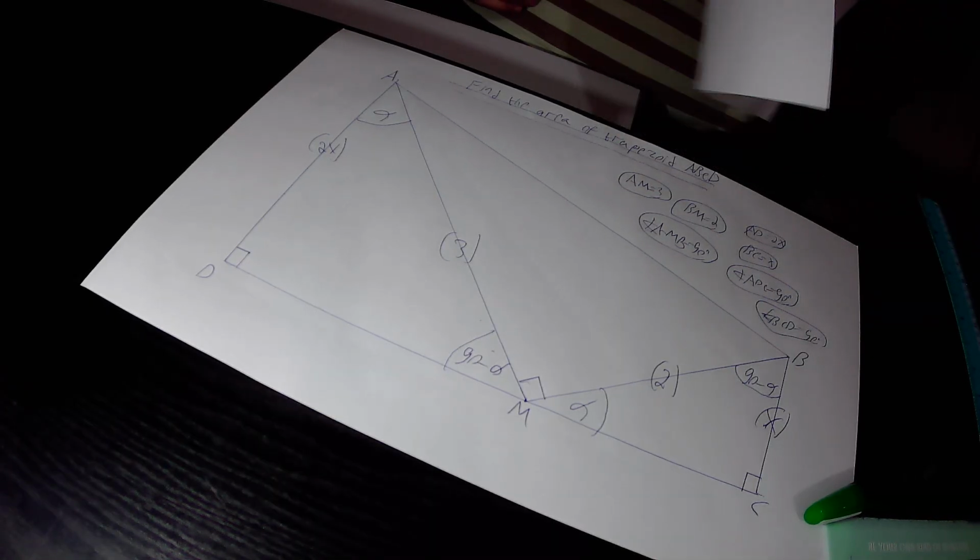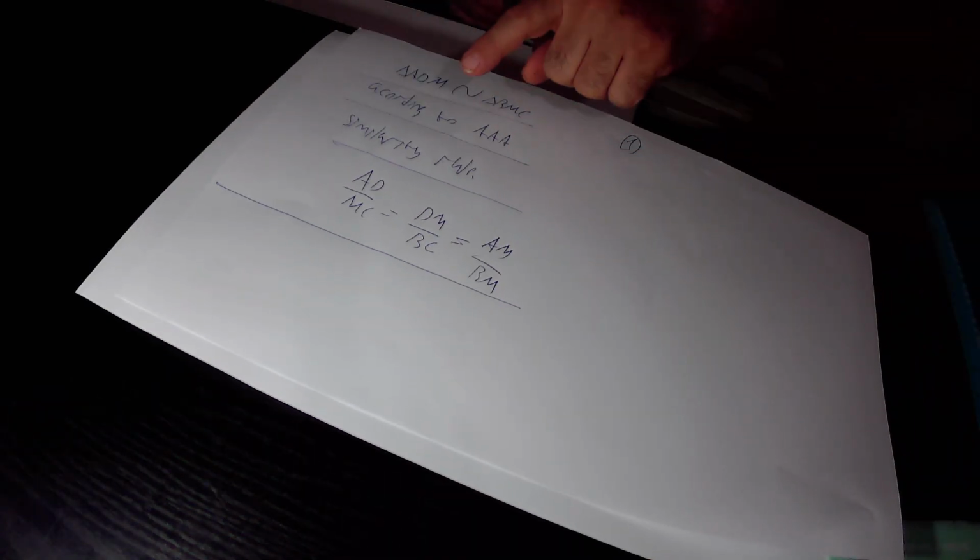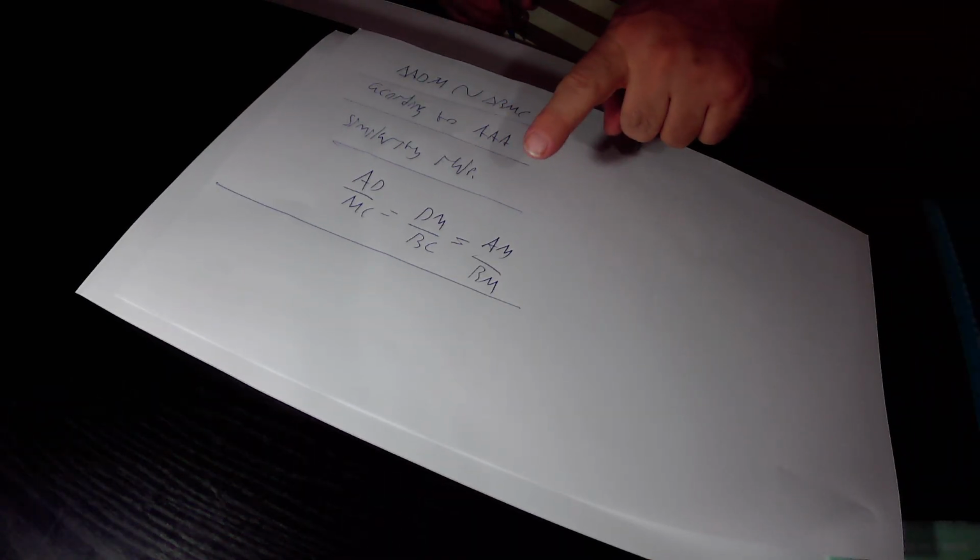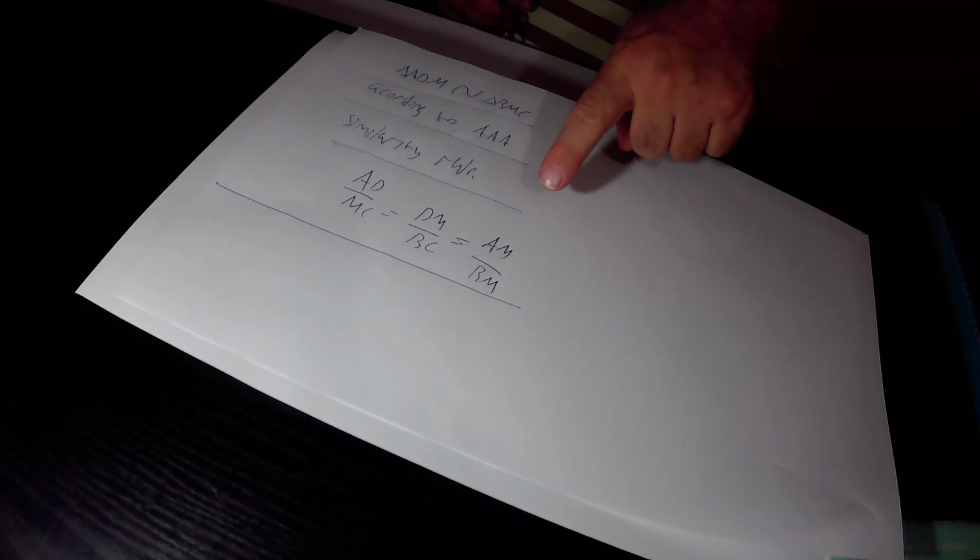So in total, we derive that AD over MC equals DM over BC, and it is also equal to AM over BM.